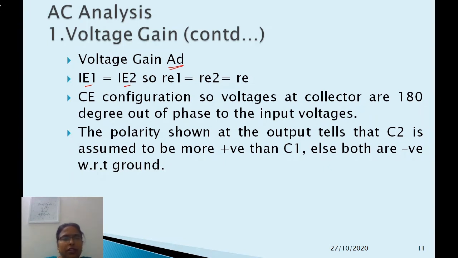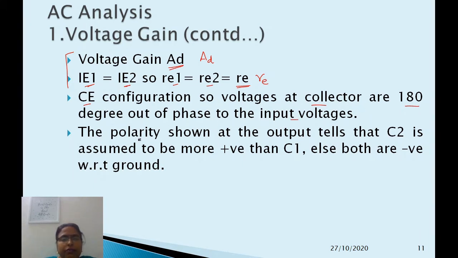For the AC analysis, voltage gain analysis, we have to keep these points in mind. This is the voltage gain designated as AD, and IE1 equals IE2, RE1 equals RE2, and it is designated as RE, right? As we are using the common emitter configuration, we know that the collector voltage is 180 degrees out of phase to the input voltages.